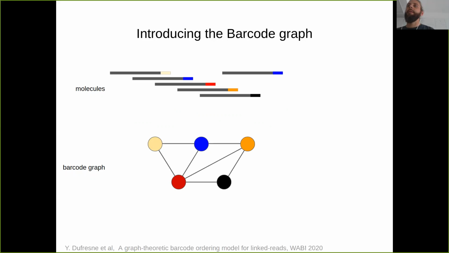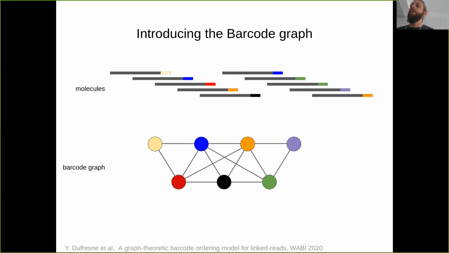So here it is the blue barcode, and this molecule overlaps the orange barcode, so we add a new link, not a new node, because we already have the blue barcode. And we can continue for all the barcoded molecules.